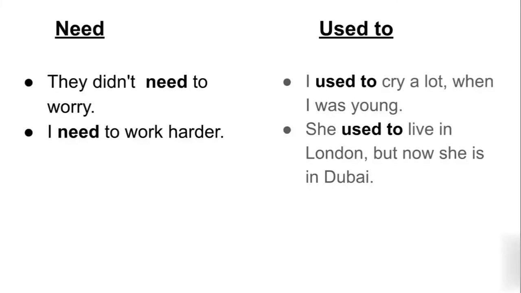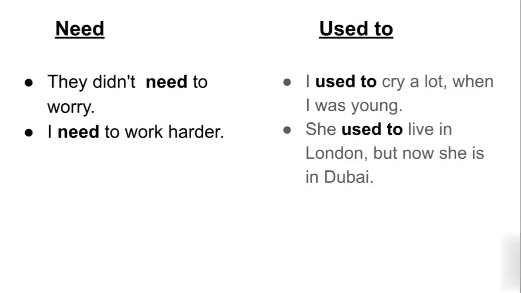Next one is used to. Used to is used to express a habitual action in the past, something that happened in the past, in childhood and so on. To denote that, we can use used to. I used to cry a lot when I was young.